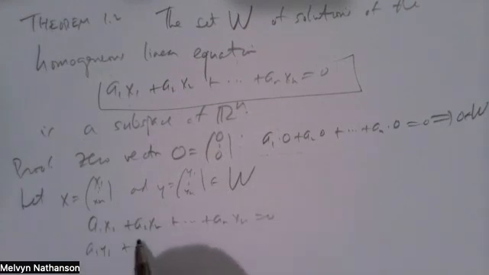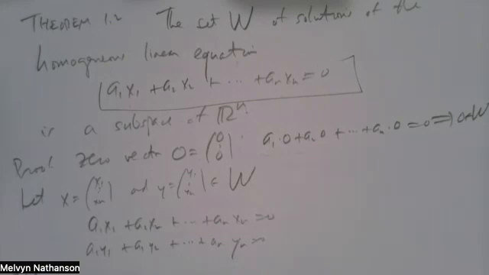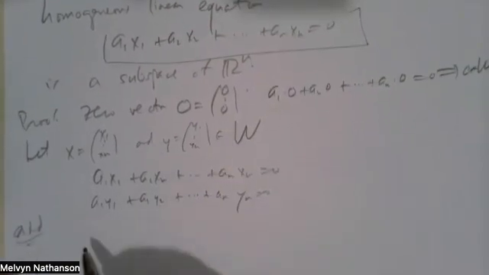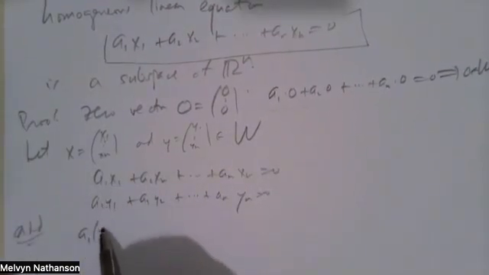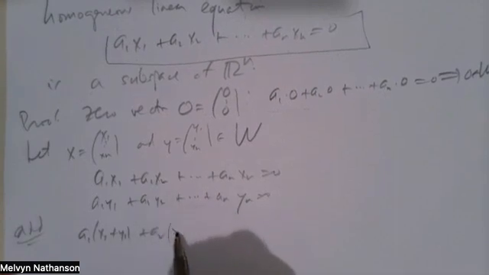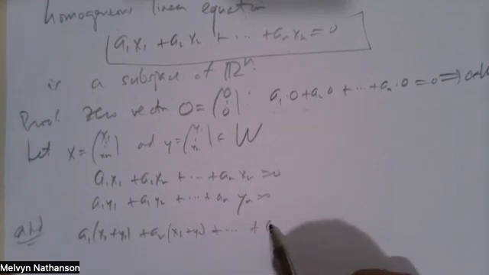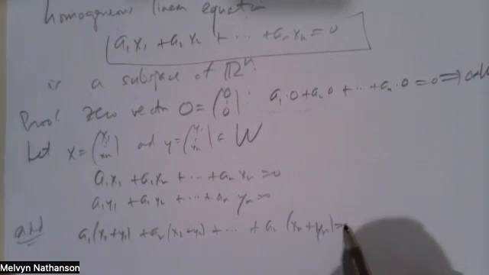And a1y1 plus a2y2 up to an yn is 0. Suppose I add these equations. I get a1 times x1 plus y1, plus a2 times x2 plus y2, up to an times xn plus yn equals 0.